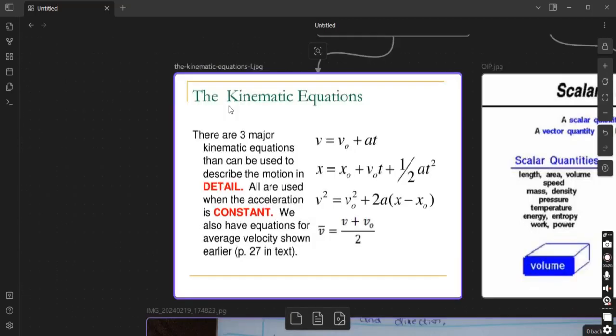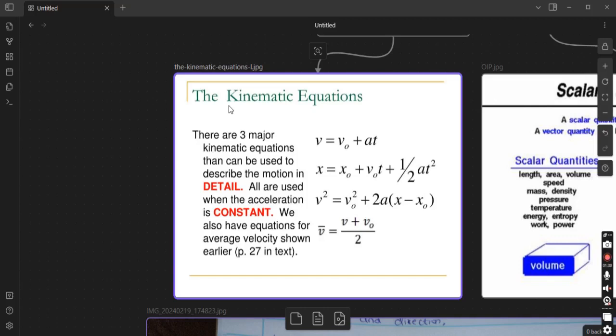On the first picture, we have the kinematics equations. As the lecturer Mr. Mbanza taught you today, there are three major kinematics equations. We have the first equation of motion, which states that final velocity is equal to v naught, or v initial, plus acceleration times time.